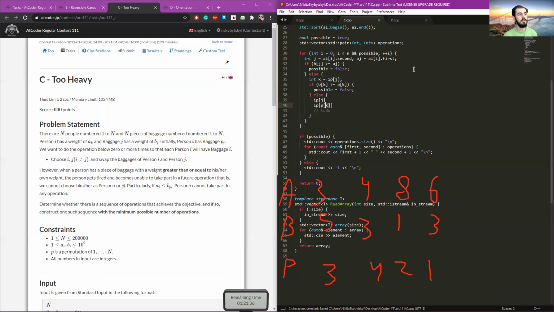Because person k, whom we will swap. Wait. So person k currently holds someone's baggage, right?